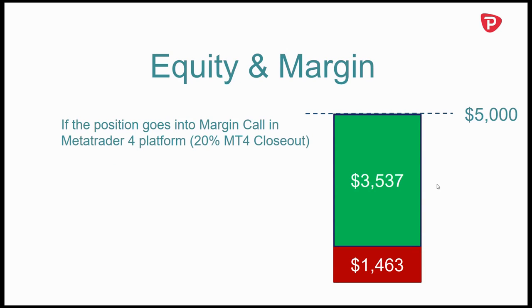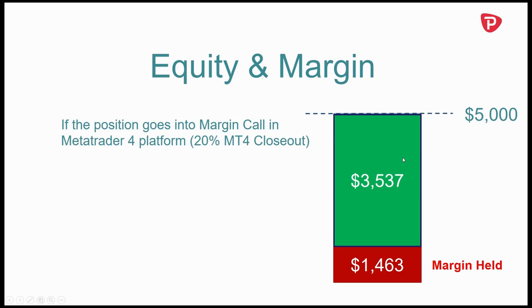So now let's take a look at Pepperstone's most popular trading platform, the Pepperstone MetaTrader 4 platform. If the position goes into margin call in the MetaTrader 4 platform, we have what's called the 20% MT4 closeout level. You can see here on the right-hand side, we have our $5,000 US account as we enter one lot of Great British Pound US dollar, like in the previous examples.